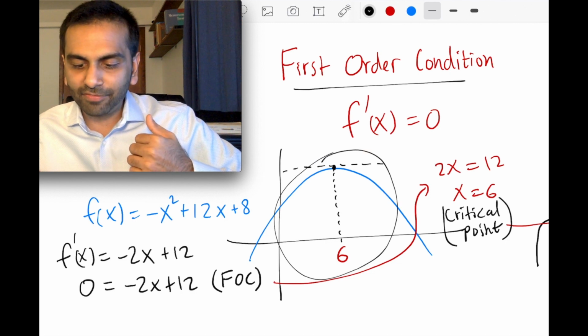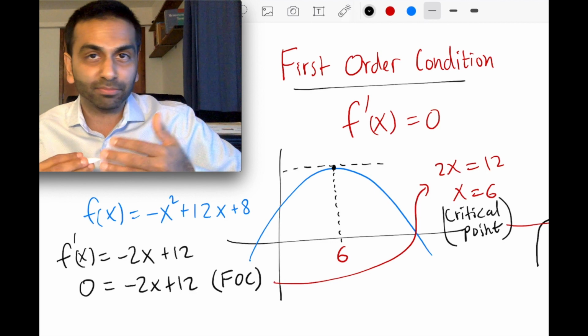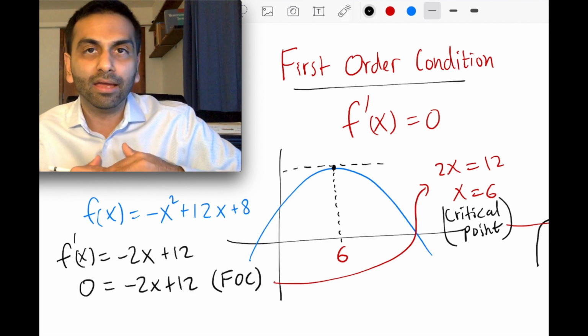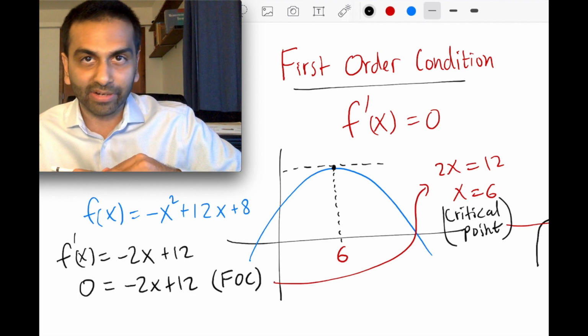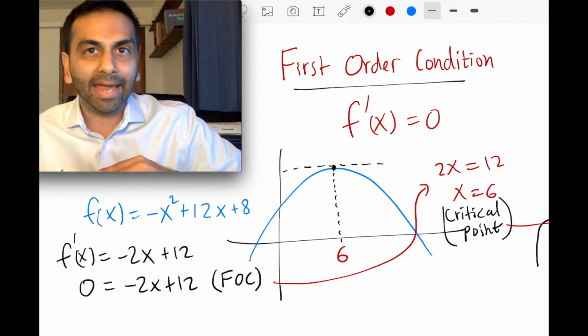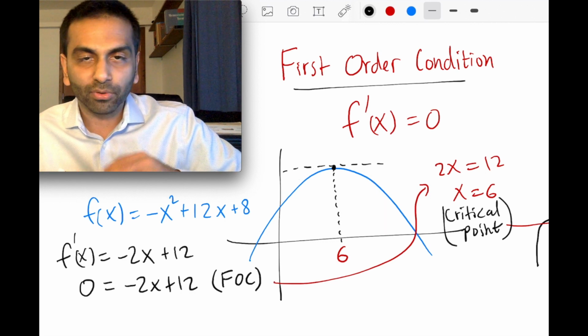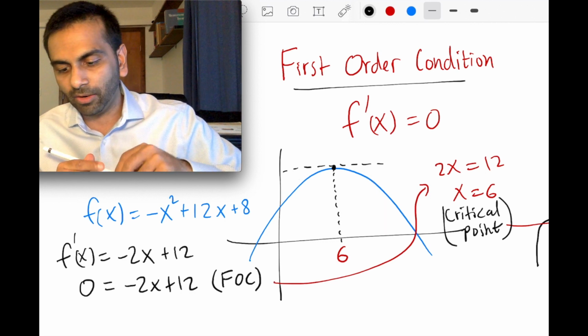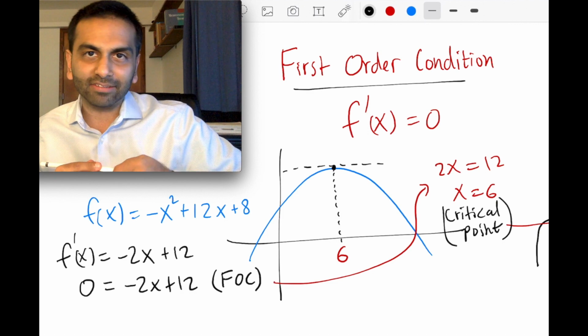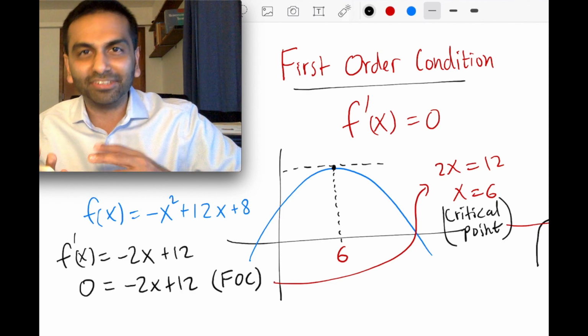Looking at this graph, if I were to ask you, at this maximum point, what's the first derivative? It's pretty clear it's 0 because it's flat. But if I were to ask you what's the second derivative, it should be obvious once you think about it that it's a negative second derivative because this function is concave down. There's convex and concave.